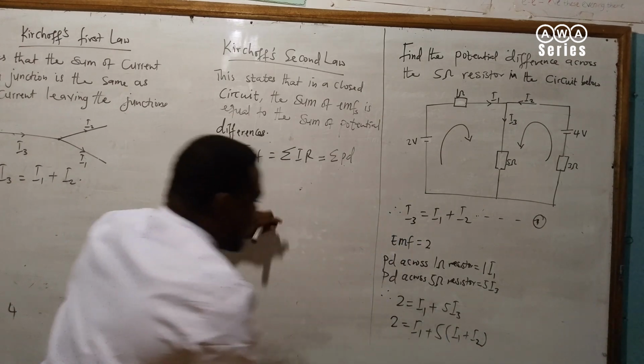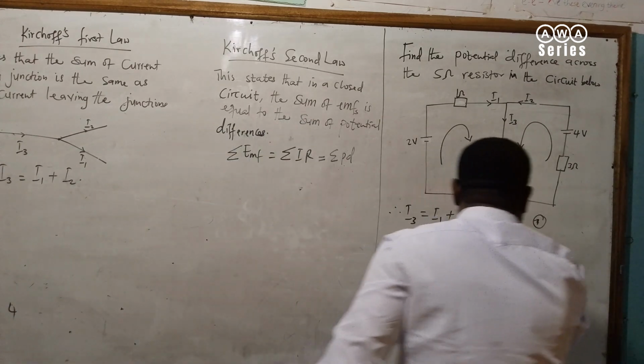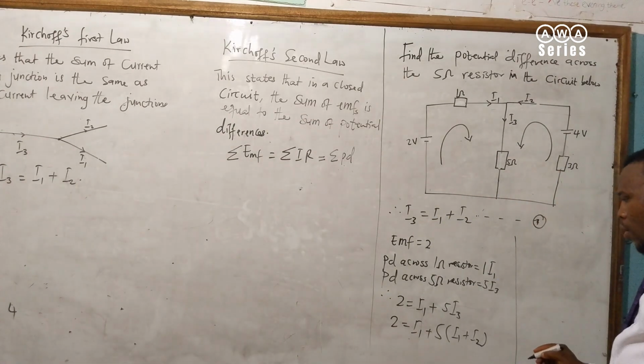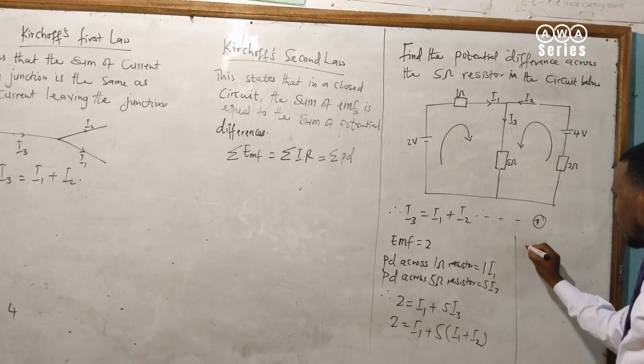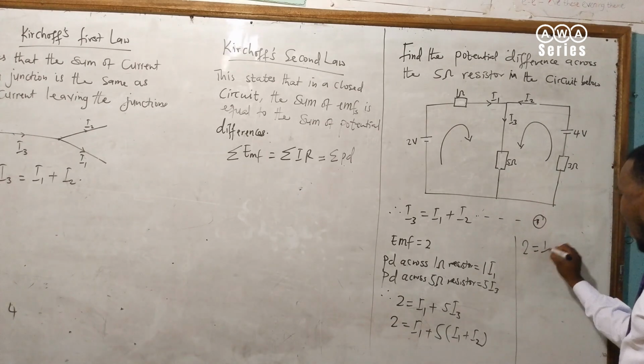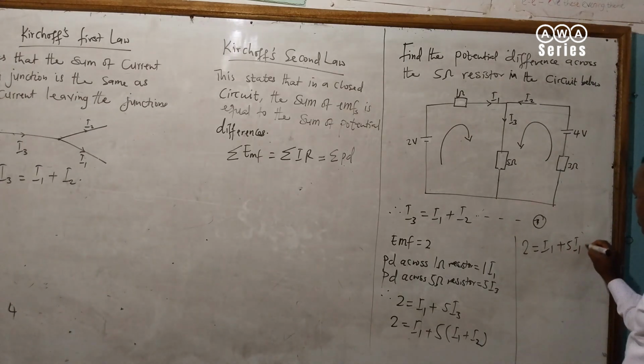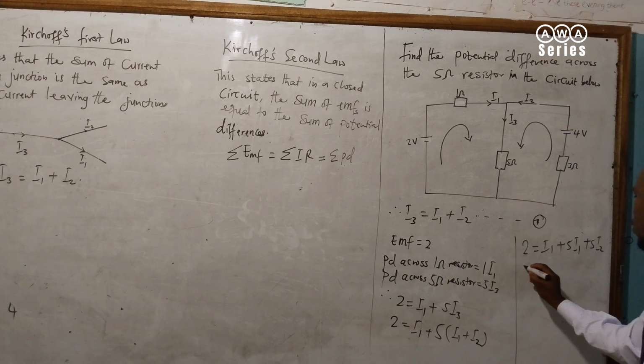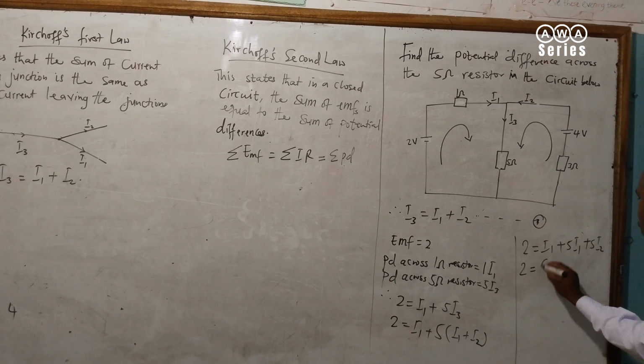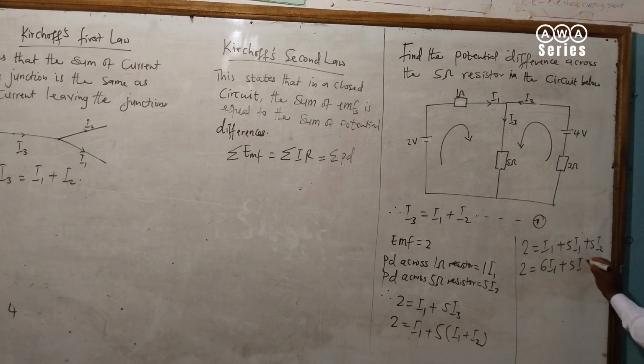When you expand this, you have 2 equals I1 plus 5I1 plus 5I2. I1 plus 5I1 is 6I1, so 2 is equal to 6I1 plus 5I2. This one I can call equation 2. So you are done with equation 2.